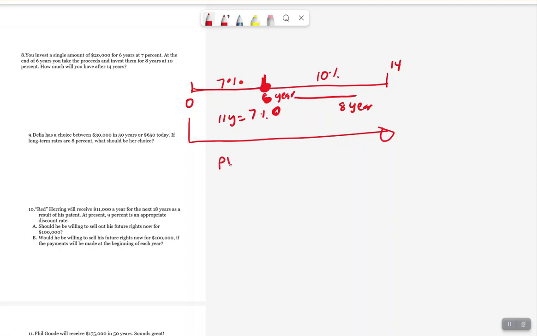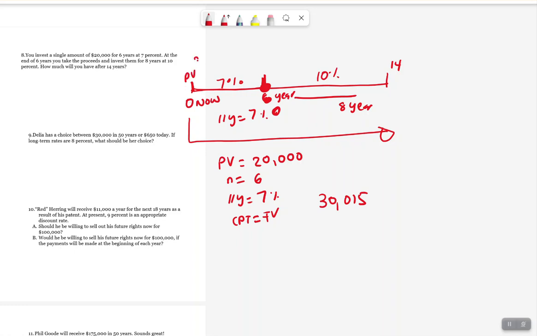In this case your present value is 20,000, N is 6 years, and I/Y is 7%, and you're going to compute your future value. When you compute your future value, you get 30,015.